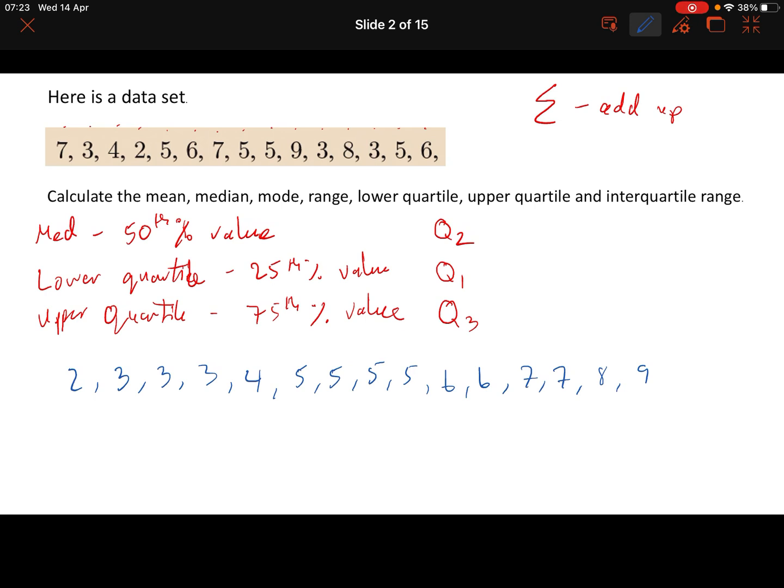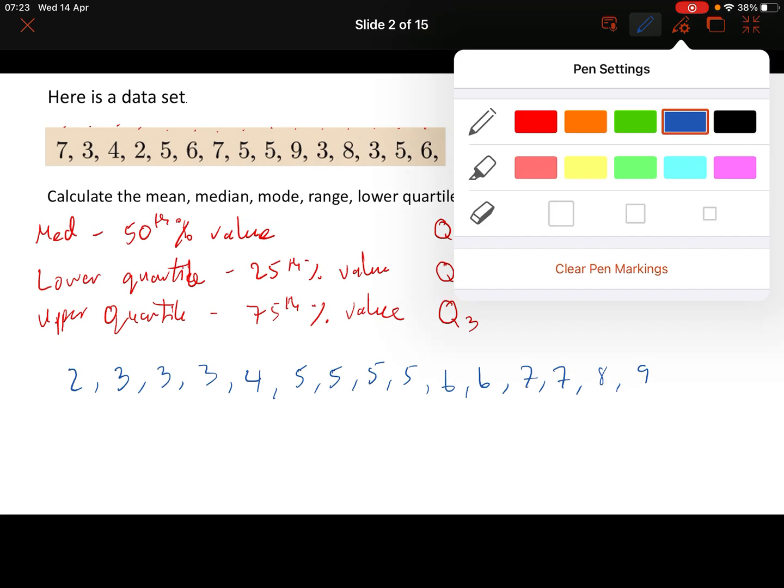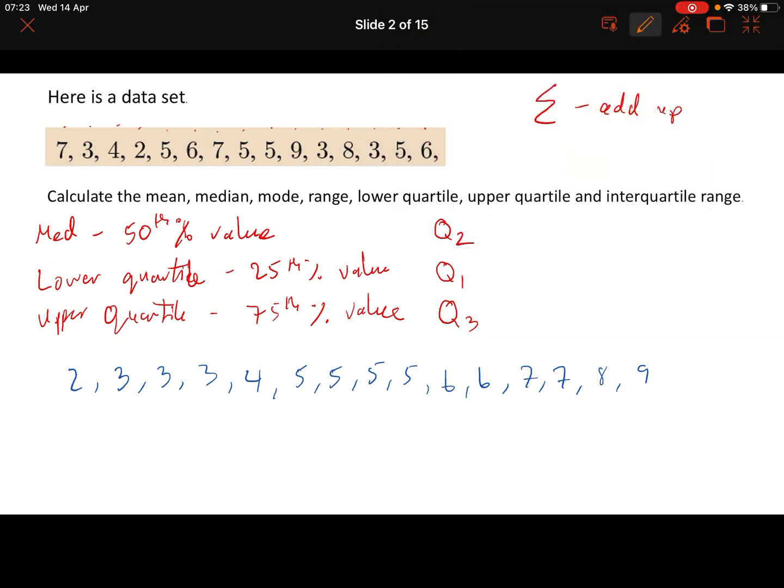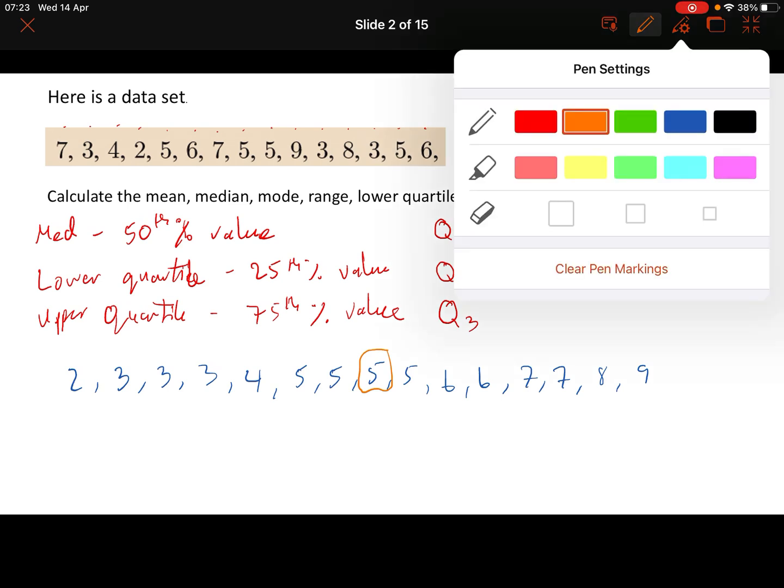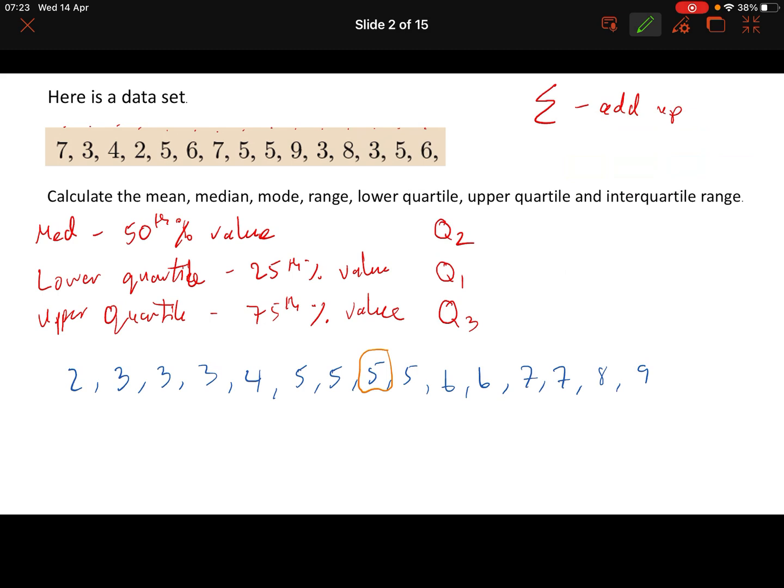Okay. Right, so what we do is we already did the median, so we knew the median was the 8th value. That's halfway through. 1, 2, 3, 4, 5, 6, 7, 8. It was this value here, so it was 5. Okay. If you want to take the lower quartile, all you do is you take the values that are below the median, and you look for the median of those values.